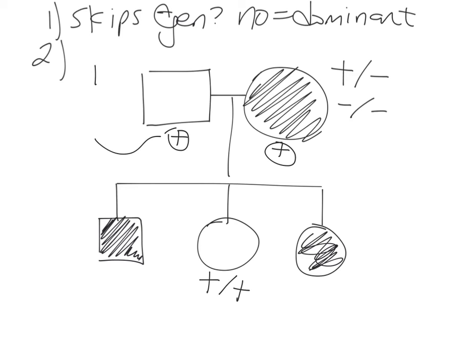So at this point, we know that dad is plus over who knows what yet. We don't know what the other allele is. We know he's got to have at least one plus because he's got an unaffected kid. Same is true of mom. She has to have a plus. So you combine those two pluses together to make that genotype of offspring. So if mom has a plus to contribute, now we know which of those two genotypes she has to be.